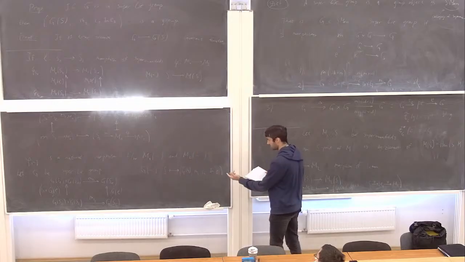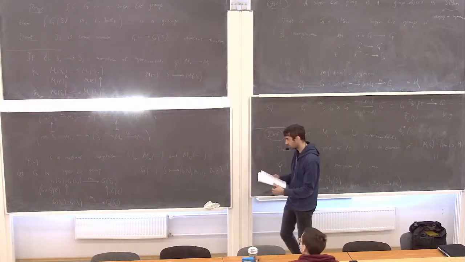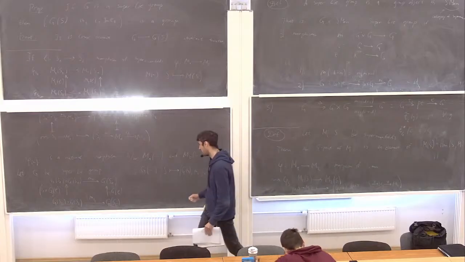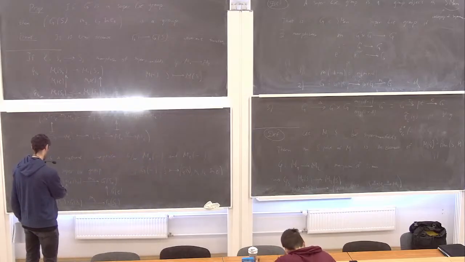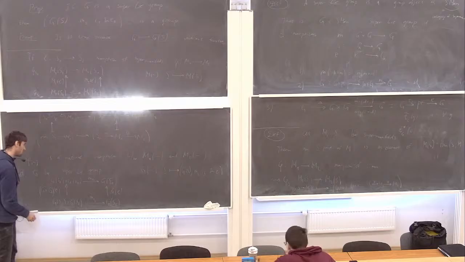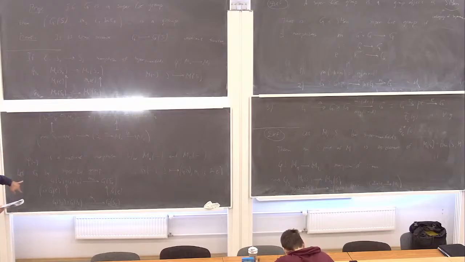So I know that it goes to groups, right? So this is a group. We already noticed that. But the fact that this functor is representable functor to groups.